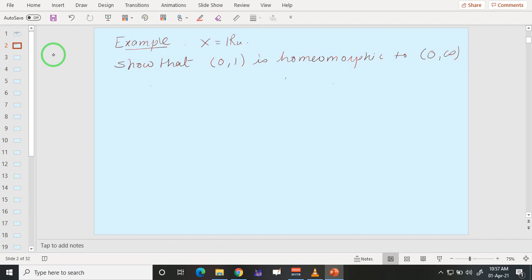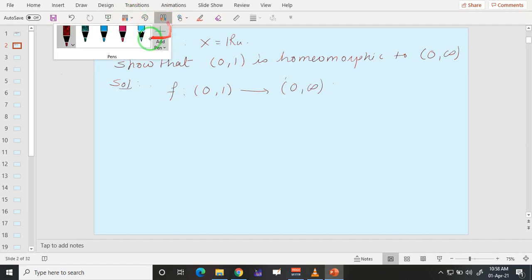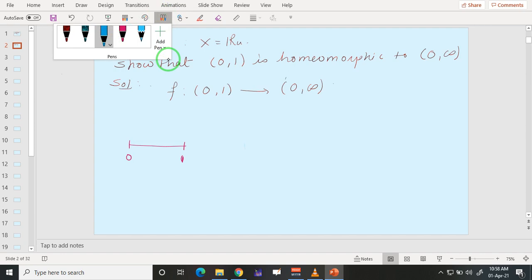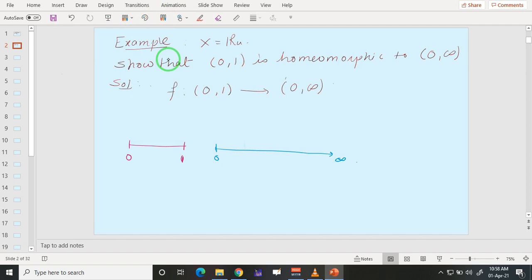So for that we need to find f, a function from (0, 1) to (0, infinity). How will the function be? For example, if we have 0 and 1 here, you need to define a function which will take this (0, 1) to (0, infinity).